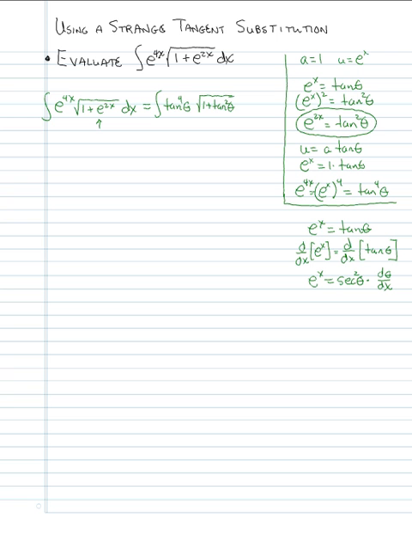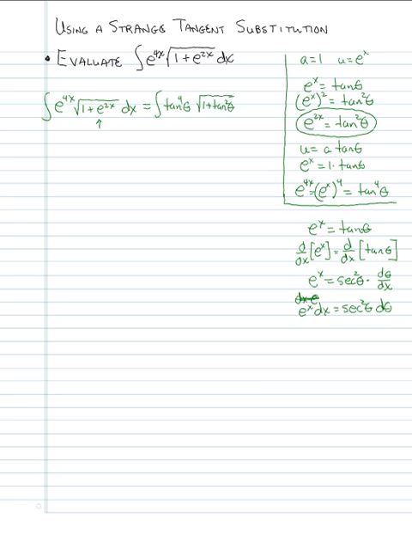Aha. Well, if we look at that, then we've got several things going on here. For one, what are we trying to do? We're trying to get dx alone, aren't we? So we could multiply both sides by dx, so we'd have e to the x times dx is equal to secant squared theta d theta.